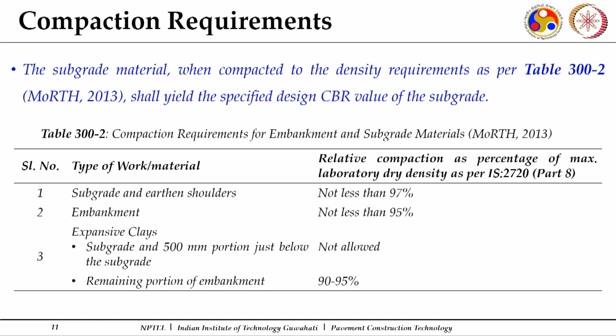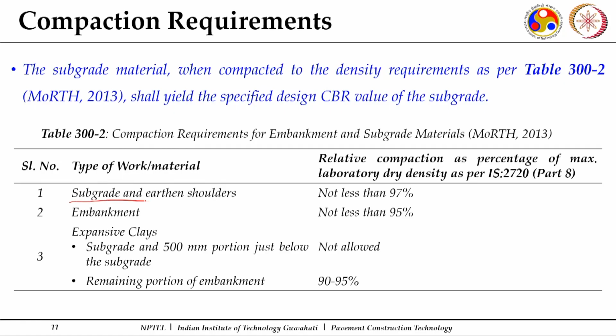And once you have this density with you, the optimum moisture content, the soil is constructed using that moisture content in the field. While compacting it in the field, it is said that you need to go for compaction which is at least 97% of what is achieved in the lab. So, it says relative compaction as a percentage of maximum laboratory dry density, because it may not always be possible to attain what we have in the laboratory, but at least a good amount of density is achieved.